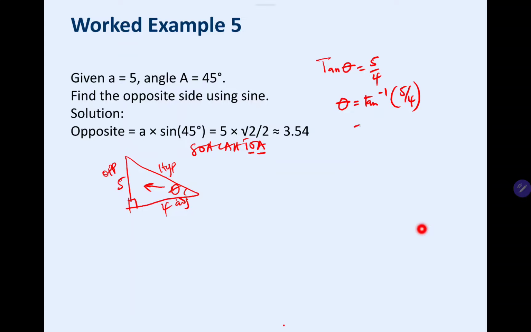So to do this, you just have to type into your calculator arctan 5/4, and then you get the value of theta, which in this case is 51.34. Okay, so that's how you find the missing angle. We can still take a look at one more question.